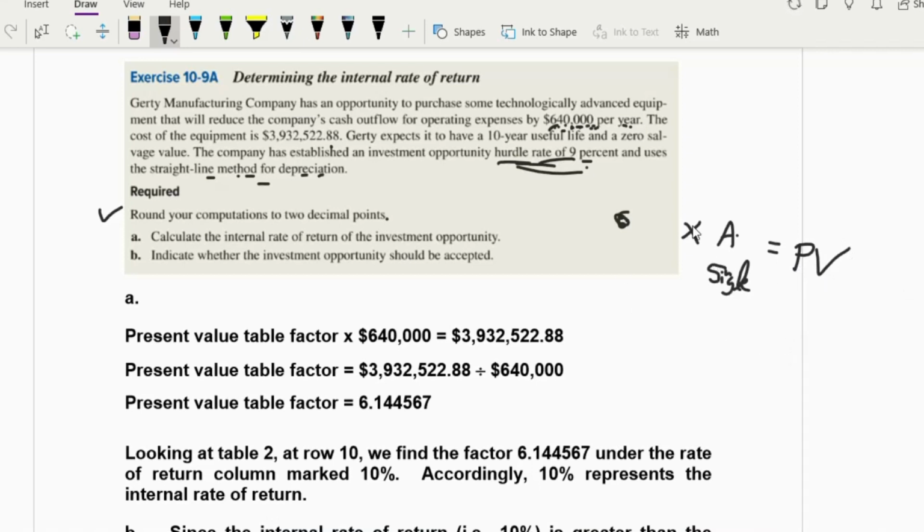But in this question we need to find out this rate, the rate which we are using, because we know how much return we will be getting every year. We know what is the present value of our investment, but how much return this investment is providing, that is required.